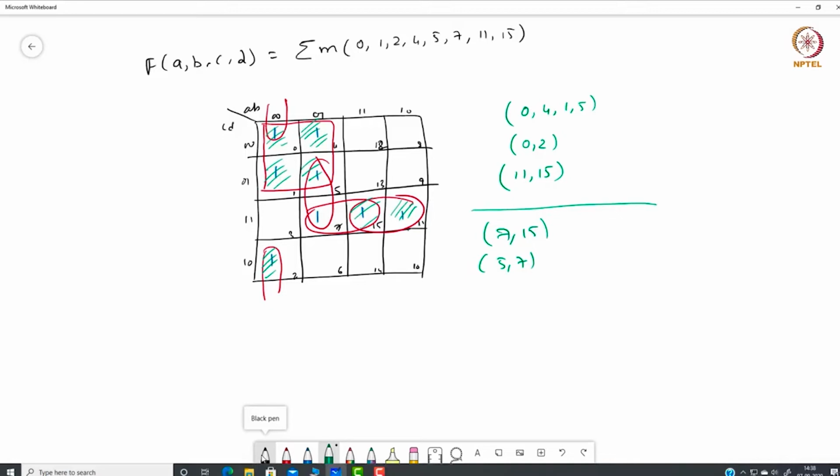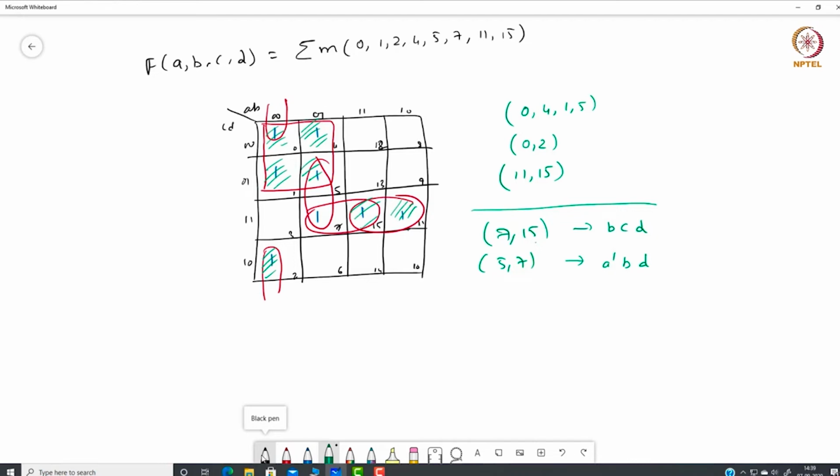So here, let us see the size of both of these expressions. What is the product term corresponding to 7 and 15? The product term corresponding to 7 and 15 is B, C and D, and the product term corresponding to 5 and 7 is A dash, B and D. The total number of literals present in these product terms is the same.